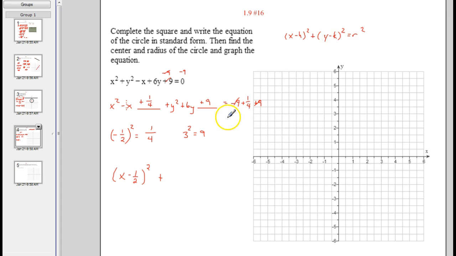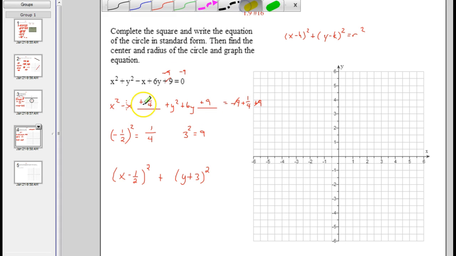The number that joins y in the parentheses is half of the y coefficient, so the 3. So that's y plus 3 squared. You always keep these same signs. This was a minus x, that's a minus a half. This was a plus 6y, that's a plus 3. And then what does that equal? The only thing left over here on the right is 1/4.